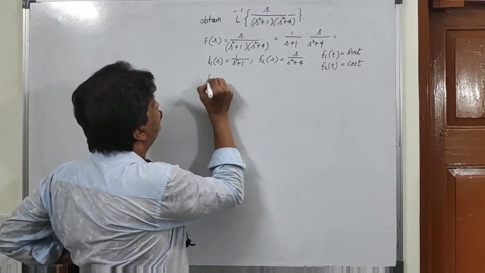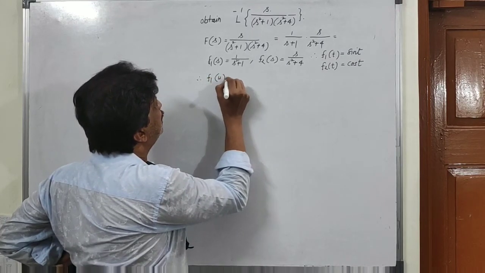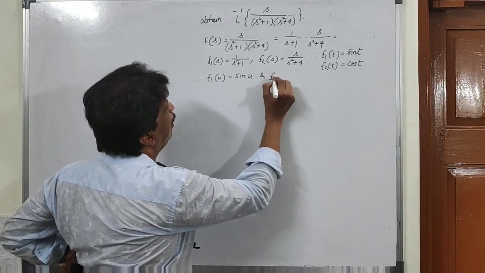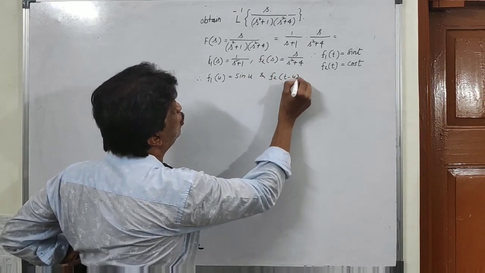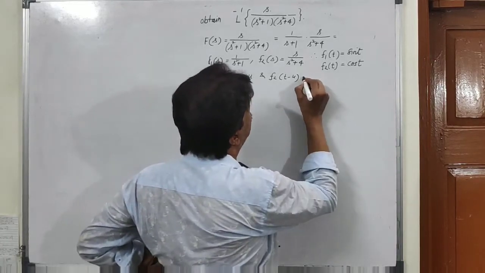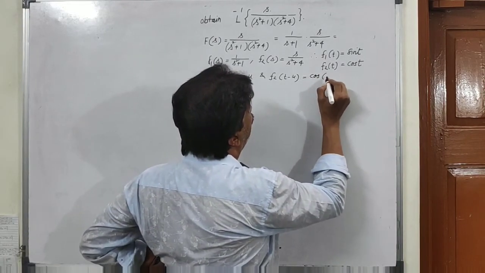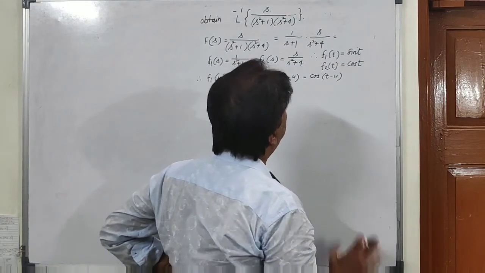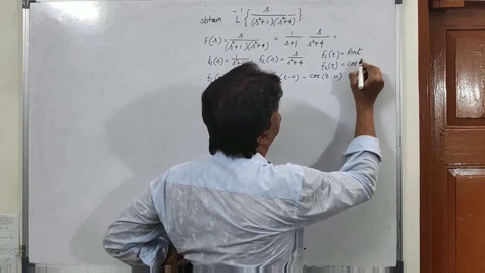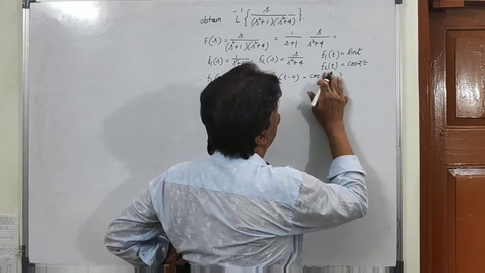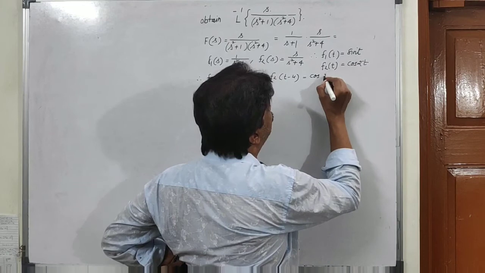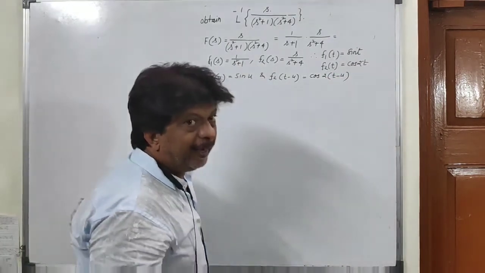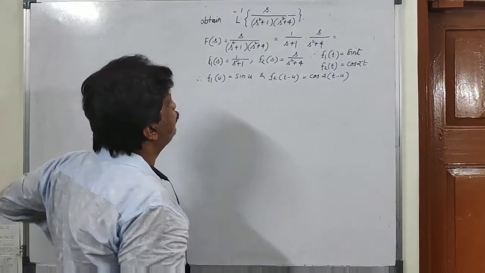Therefore, f1 of u is sine of u and f2 of t minus u is cos of 2 times t minus u. T is replaced by t minus u.